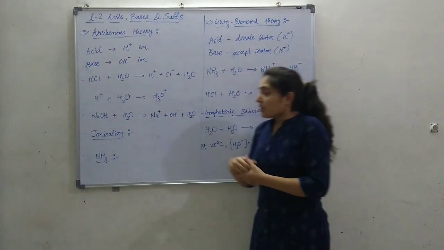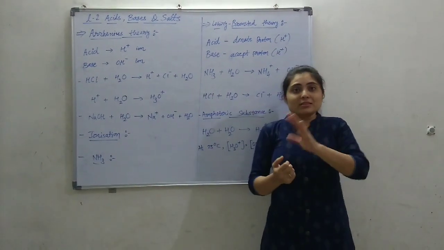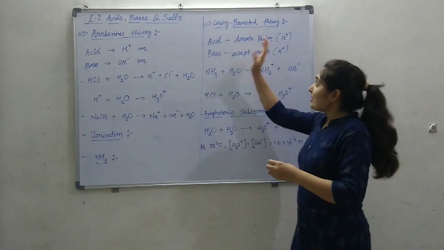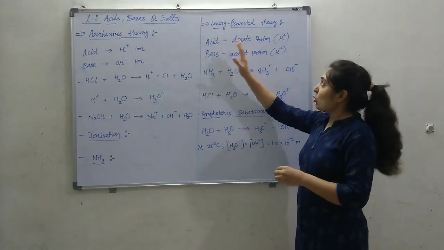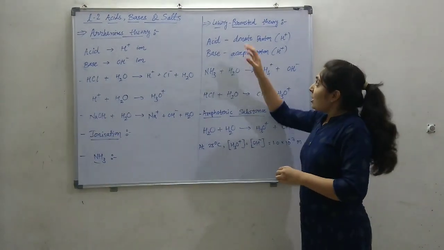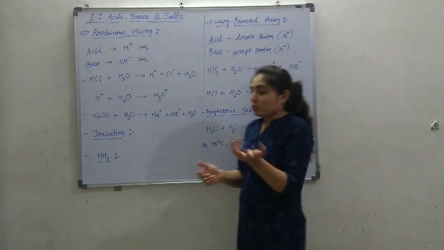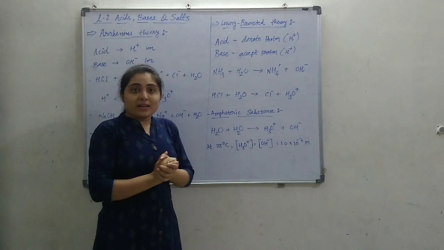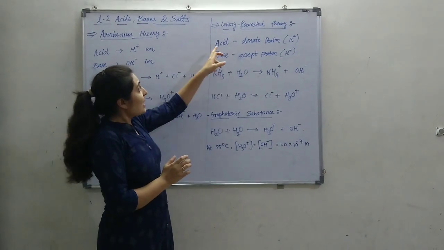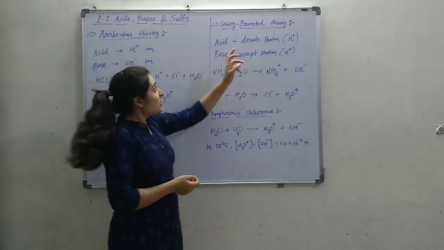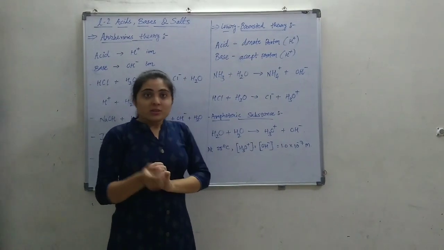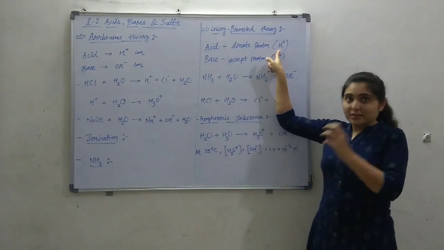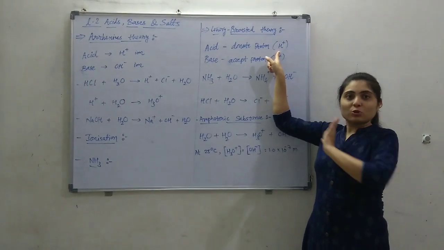So to correct it, there is a new theory for acid and base. That is the Lowry-Bronsted theory. According to Lowry and Bronsted, who are two different scientists, acids are the things which donate protons. Here a proton is nothing but H plus, a hydrogen atom with one electron lost.